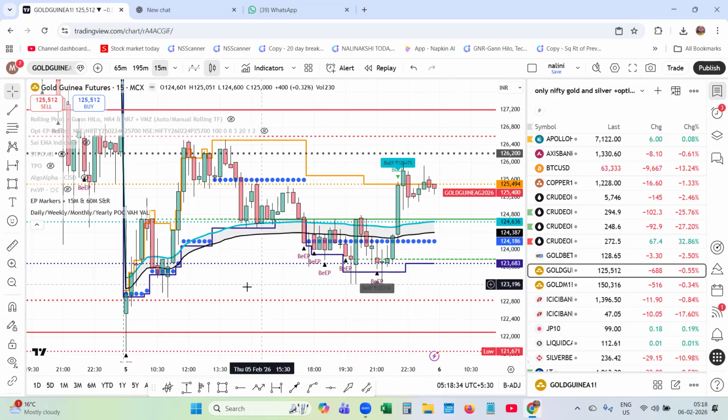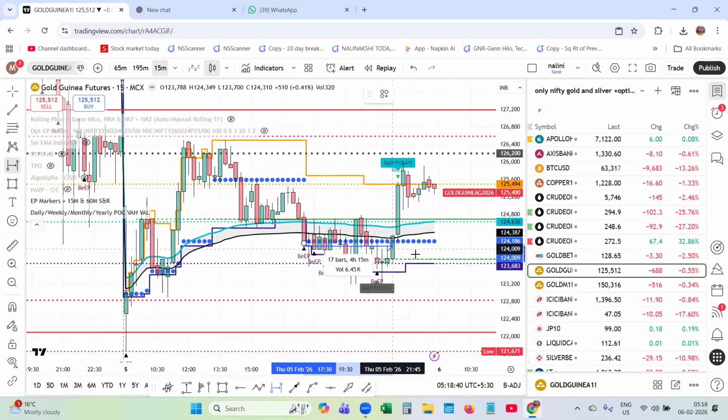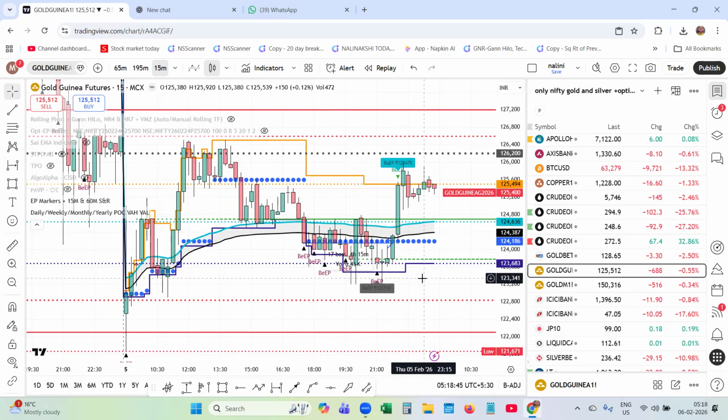How much time has it taken? This was an imbalance. It was balancing out. It took nearly 17 bars, 4 hours 15 minutes, from 5:45 to 7:30.